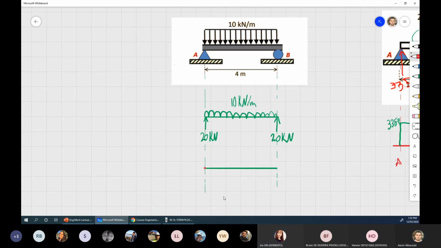Going up. How much? 20. Perfect. So what Ina is saying is, because I've got the point load here, the first thing we have is the reaction. I've got the point load of 20 kilonewton upward. That means I have to go up by 20 kilonewtons that way. And that will be 20.